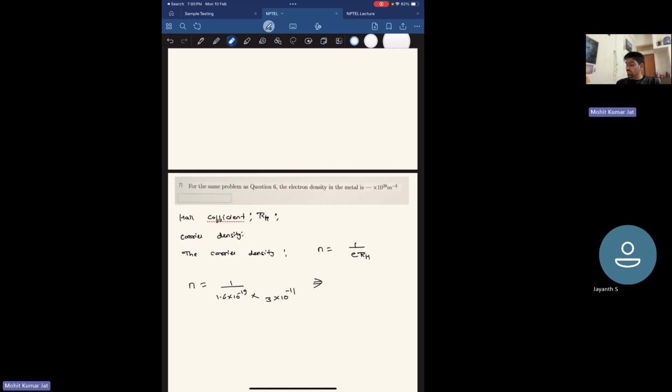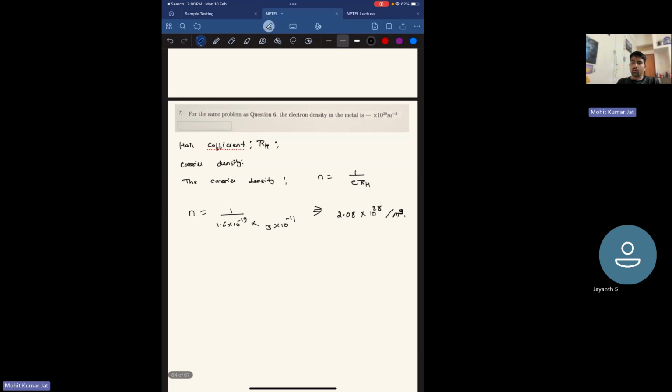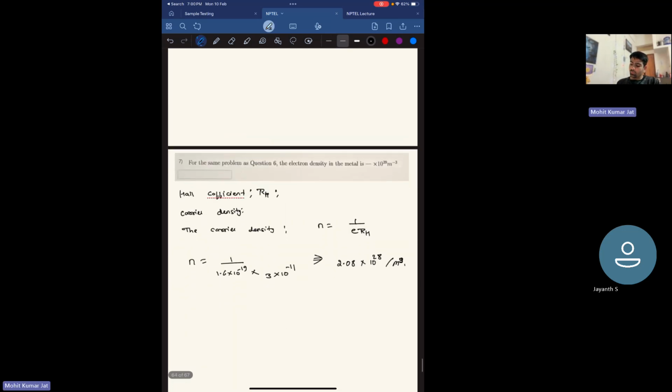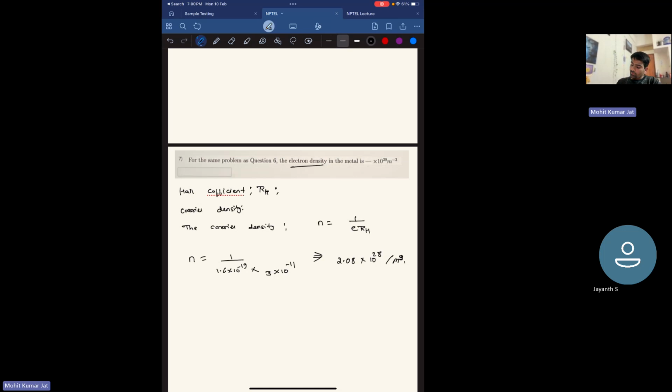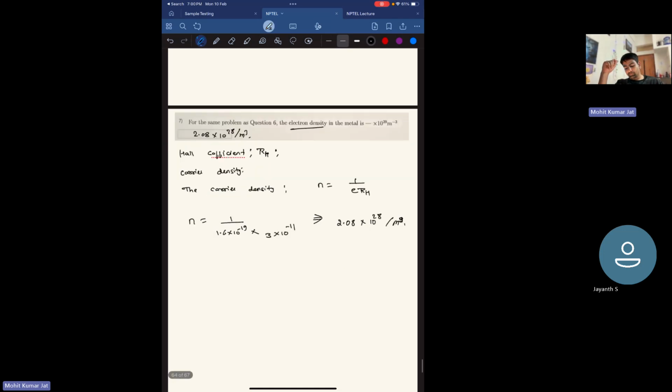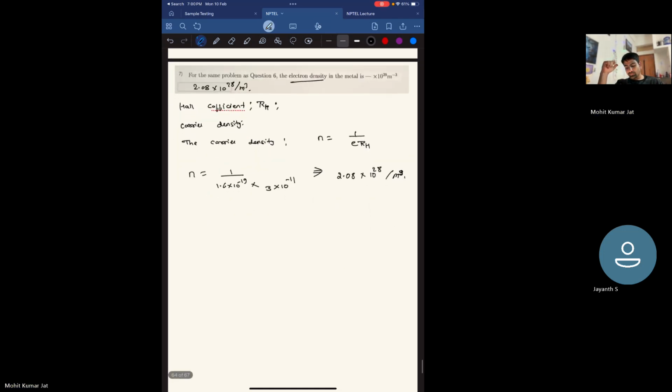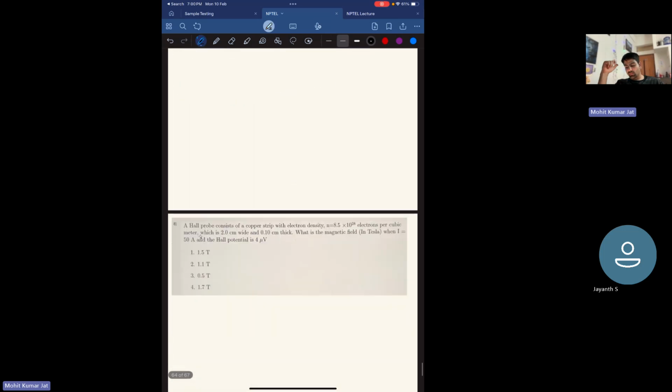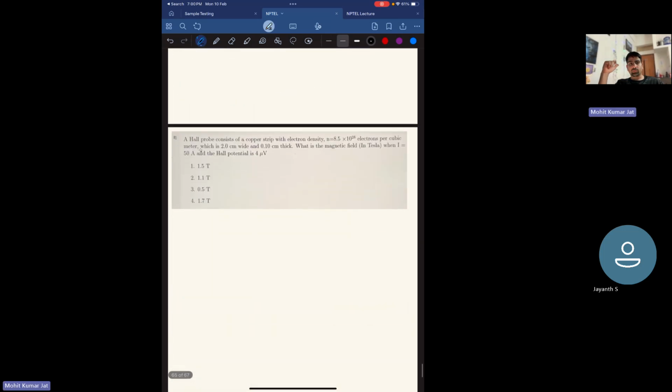So it will be 2.08 into 10 power 28 per meter cube. Yeah. So this will be the Hall carrier density. This will be the electron density or Hall carrier density, whatever you call it, 2.08 into 10 power 28 per meter cube. If you have any question, you can ask me in the chat box.